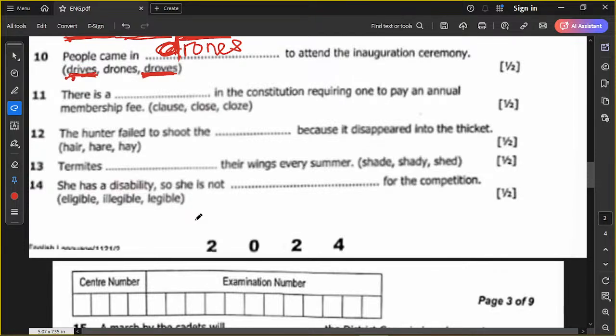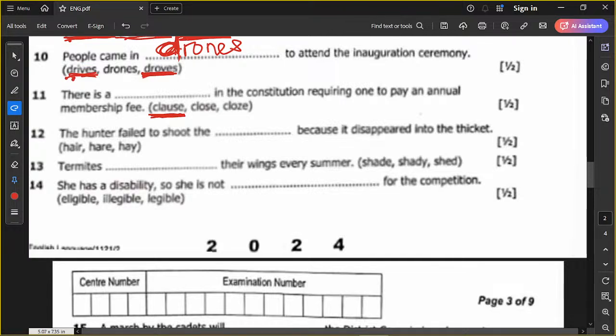We come to question 11. Question 11. There is a dash in the Constitution requiring one to pay an annual membership fee. So we have got a clause here. When we talk about a clause, we are saying there is a statement.